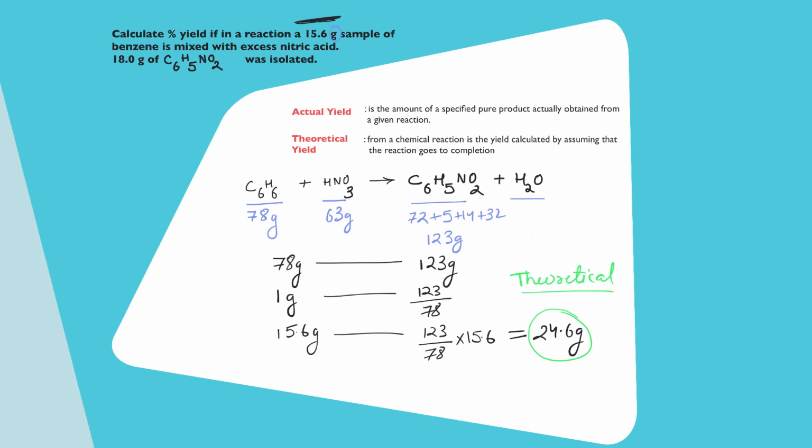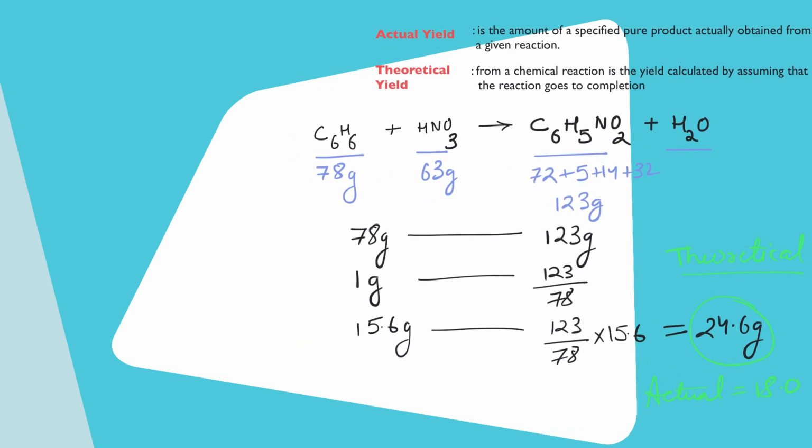But how much actually did you get? You got only 18 grams. Now we calculate finally the percentage yield. So the percentage yield, as you already know, is actual by theoretical into 100.